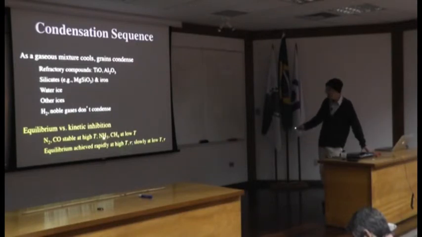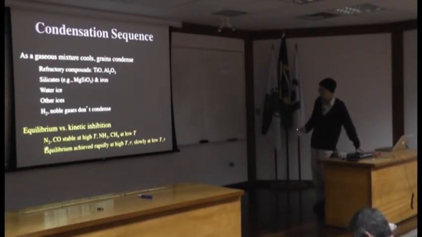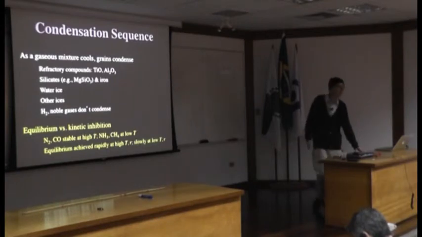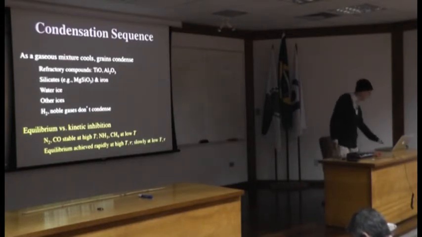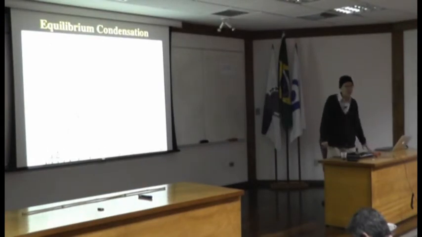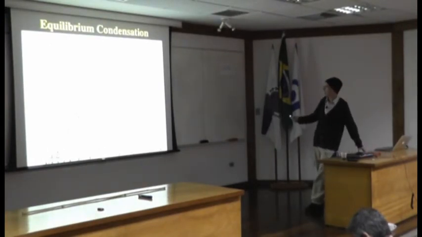So that, and the refractory carbon grains, are reasons why nitrogen is more depleted than carbon in condensed material, meteorites, comets. Equilibrium is achieved rapidly at high temperature and density, but slowly if the temperature or density is small. And this is a classic plot that Ted showed yesterday about the condensation sequence in equilibrium.